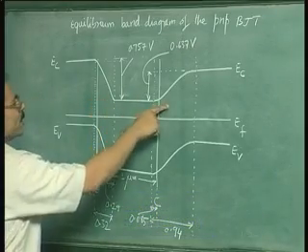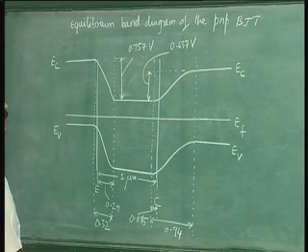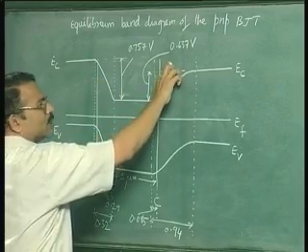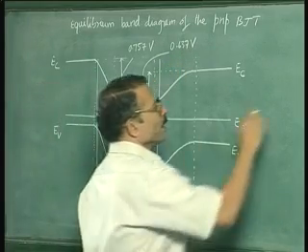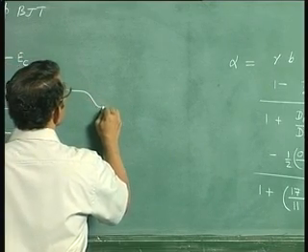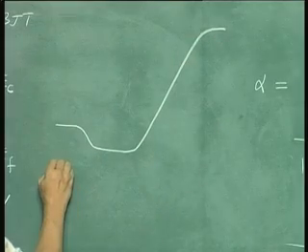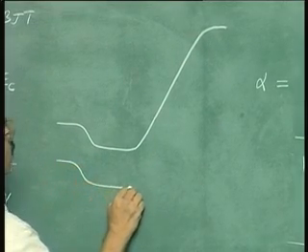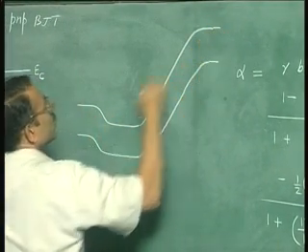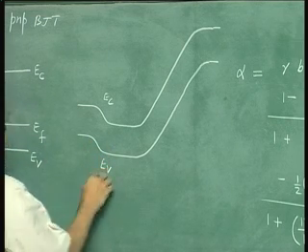So unlike what has been shown here, here this height is small as compared to this, but when the device is operating, most of the operating conditions, this will be small because this will be forward biased, and this will be large because it will be reverse biased. So band diagram when it is operating would look something like this. So this is the conduction band edge and this is the valence band edge. I have not drawn the Fermi level here.